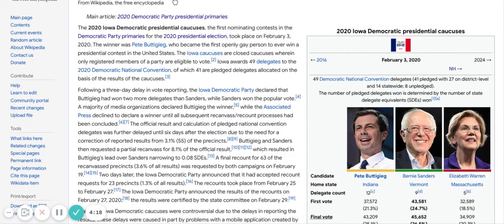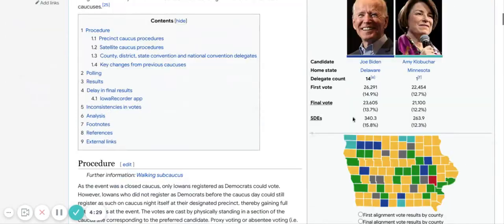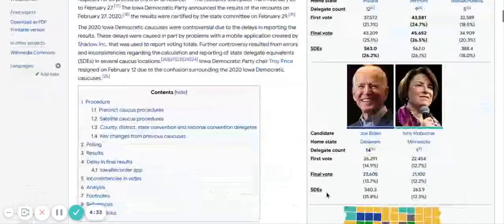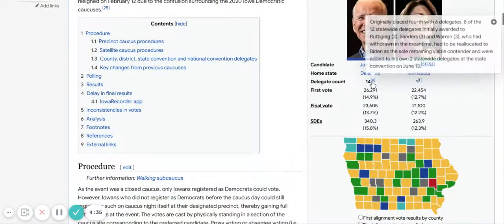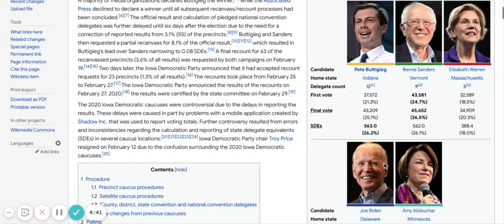In primaries, there's usually no clear winner. It's just that some people had a good time and others did not. Like in Iowa, in these Democratic primaries, Biden did not have a good time at the start, of course. Now he has a 14 because Bernie dropped out and other stuff like that. Amy only had 1, and it was not good for these two.